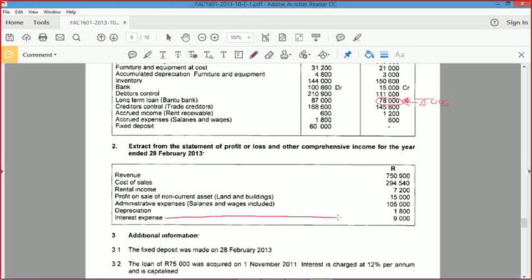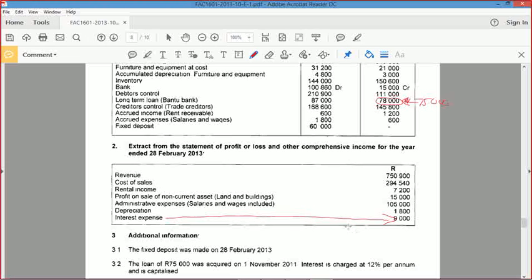The interest is only 9,000 here, not 9,360. Because this was a loan of 75,000, acquired on the 1st of November, and interest is charged at 12% per annum, you'd be capitalizing the interest.